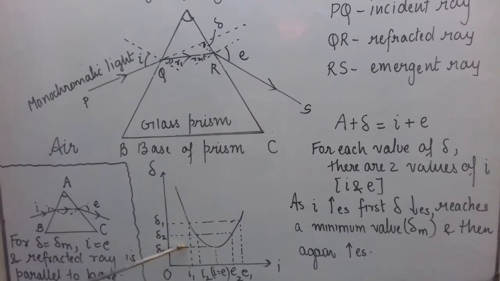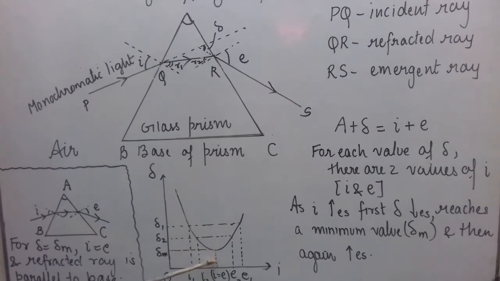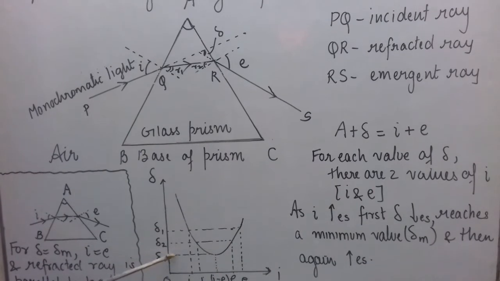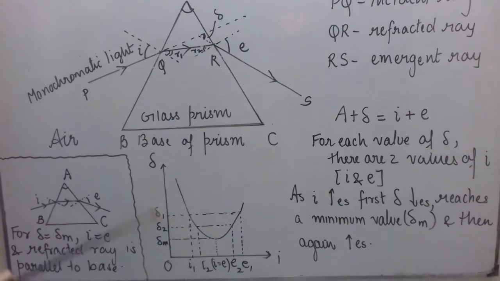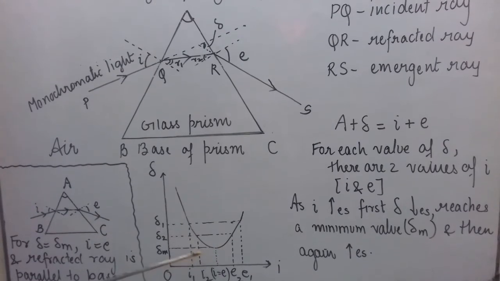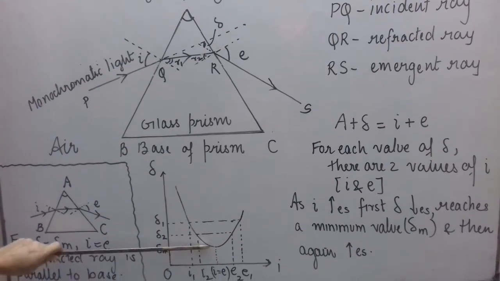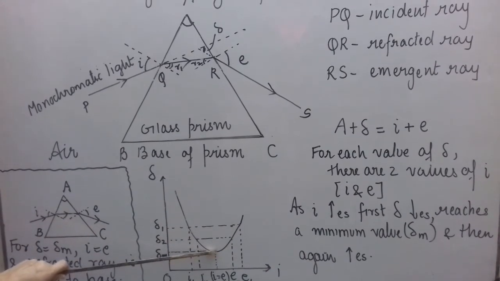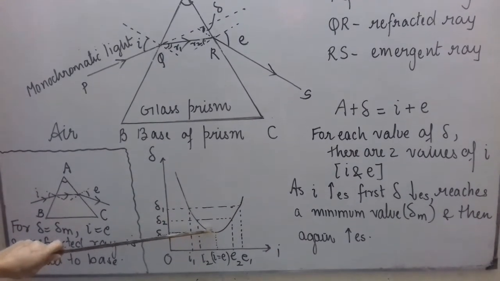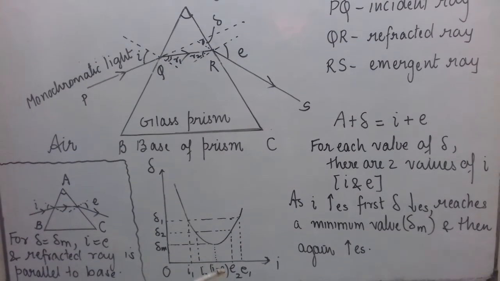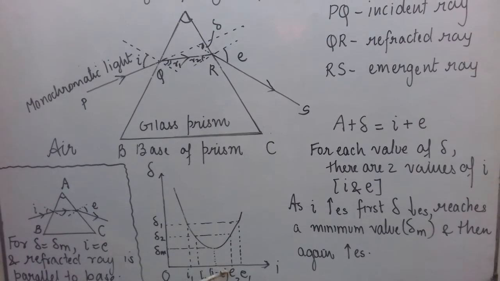We can call it the minimum angle of deviation also. This angle of minimum deviation is the angle for which i has only one value. If I draw a perpendicular on this delta axis at delta M, I see that this perpendicular intersects the graph only at one point. So there are no two values of i, there is only one value of i, and in this case we can say that i is equal to e.